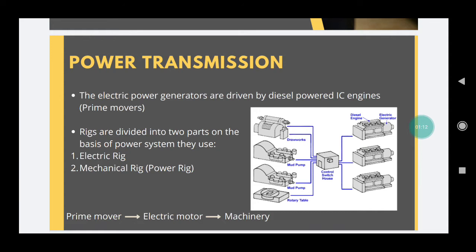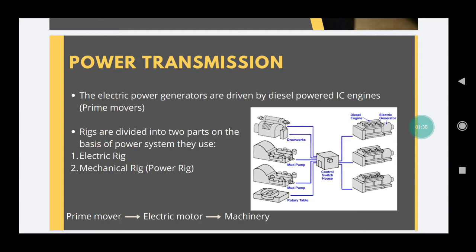Now based on the power system any rig uses, these rigs can be divided into two types. The first one is the electric rig, the second one is the mechanical rig. In an electric rig, the power from the prime movers is converted into electricity, and then electricity is used to operate the machinery.